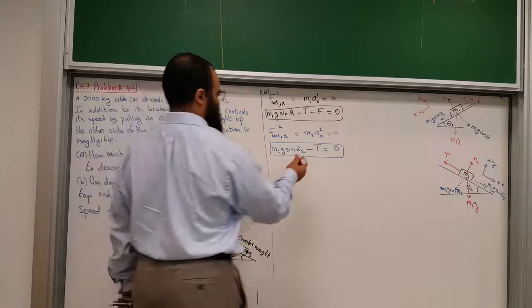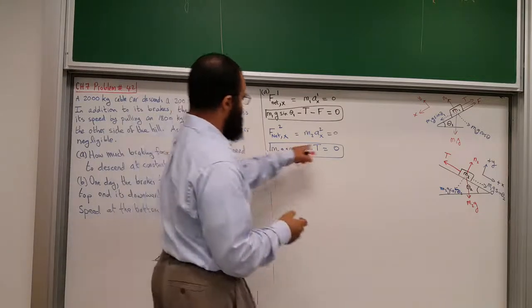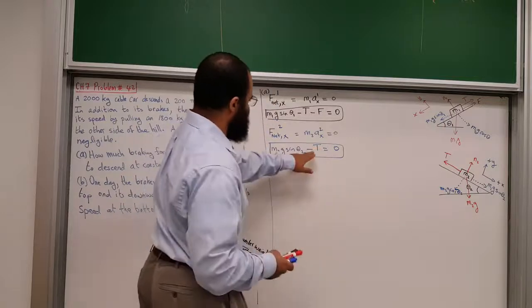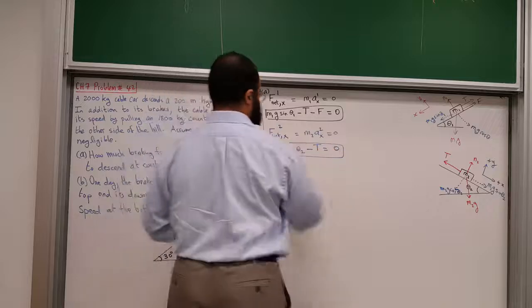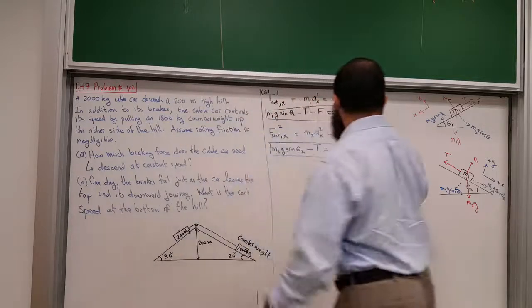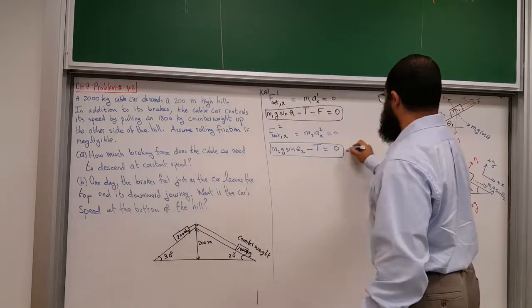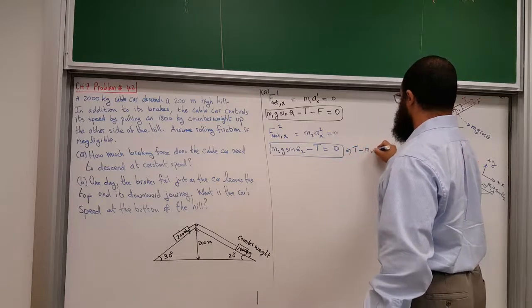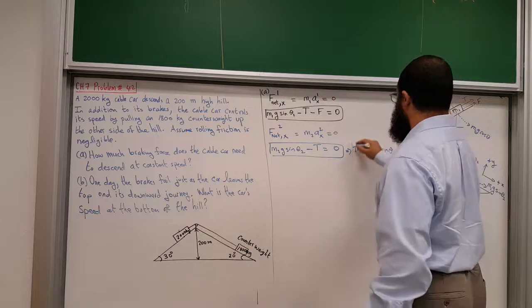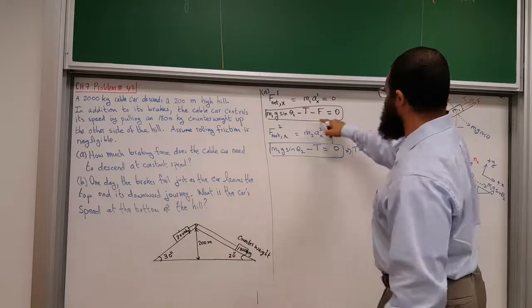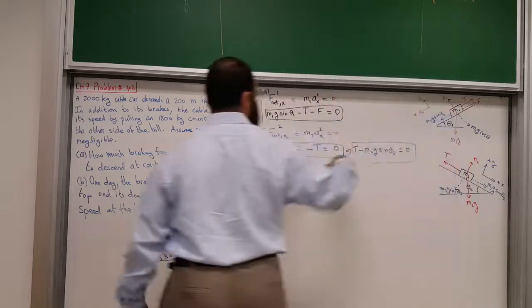Let me multiply this equation by -1 because this is negative, and I would like this one to be positive. Let me multiply both sides of this equation by -1 just to make it easier. So I'll have the tension minus m2g sine theta 2 equal to 0. And now I will add this equation to this equation. This one has a negative tension, that one has positive.